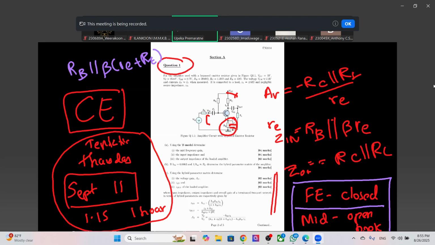The reason I have given the answer like this is that for this particular question, the hybrid parameters we generally consider are for the case when the emitter is bypassed, because this is a question related to h parameters.